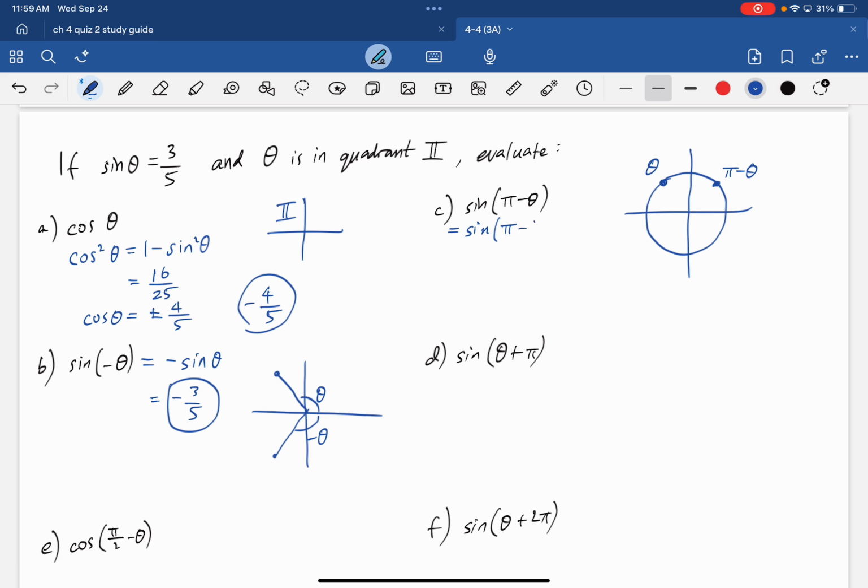This is equal to sine of pi minus theta minus 2 pi, right? Because subtracting 2 pi doesn't change anything. Which is equal to sine of minus pi minus theta, which is equal to negative of sine of pi plus theta, which is equal to negative of negative sine of theta, which is equal to sine of theta.